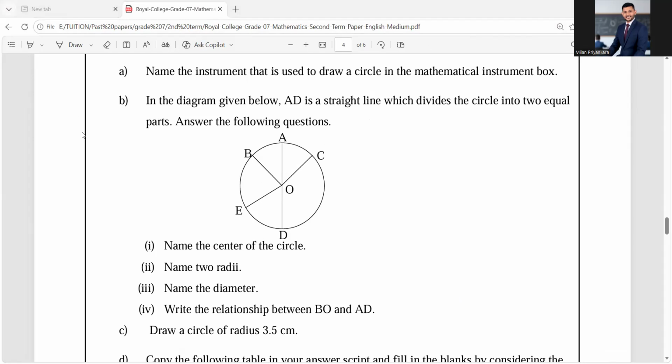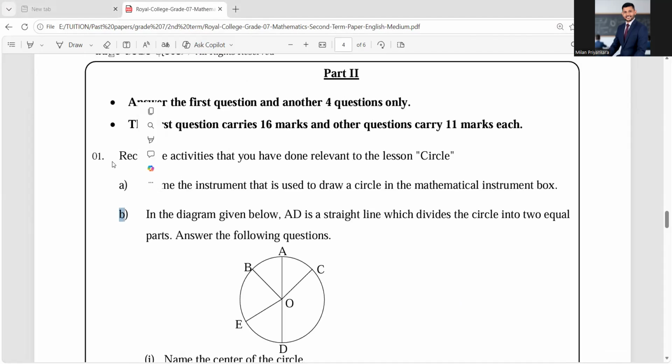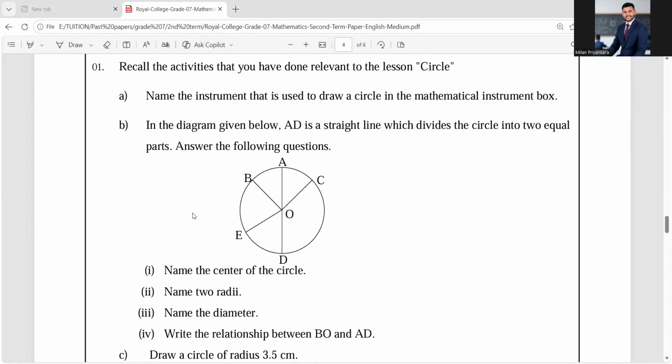Okay, here we will start from the first. Recall the activities that you have done related to the lesson circle. Name the instrument that is used to draw a circle in a mathematical instrument box. You know that, right? That's a compass. In the diagram given below, AD is a straight line which divides the circle into 2 equal parts.